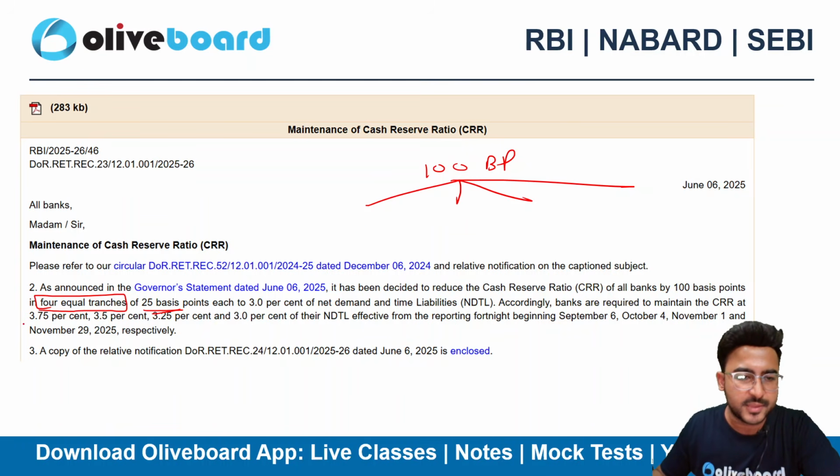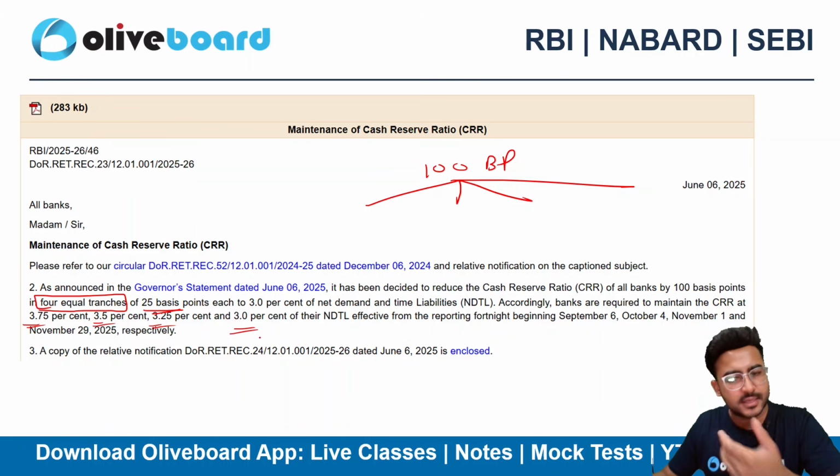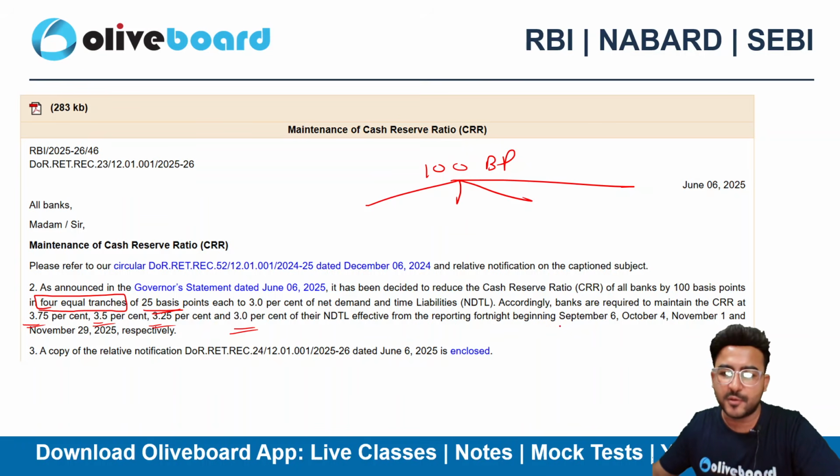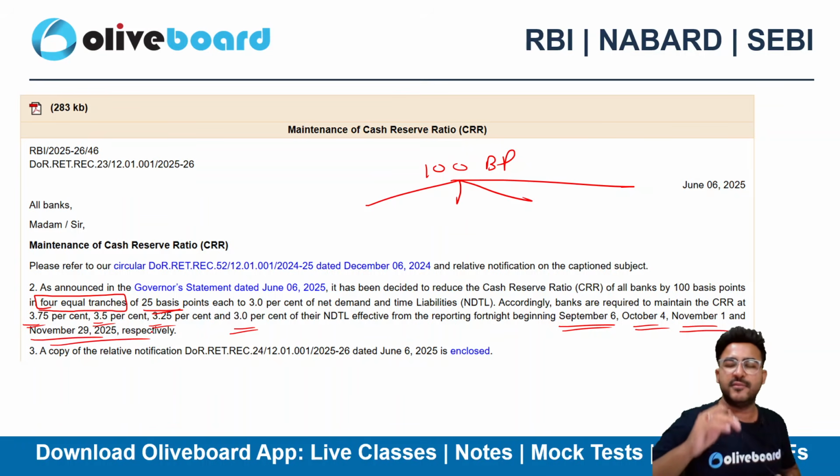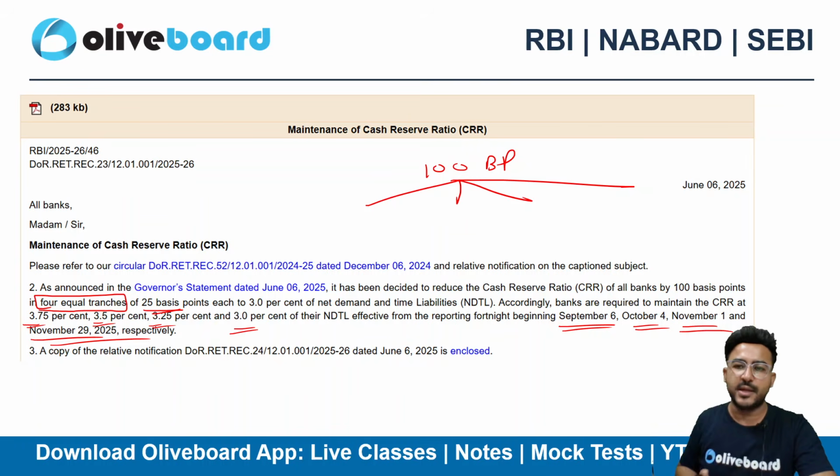So CRR will be 3.75, 3.5, 3.25 and 3% respectively, beginning from 6th of September, 4th of October, 1st of November and 29th of November respectively. So they have very well stated the dates as well in advance, that on this date you need to reduce the CRR, right?